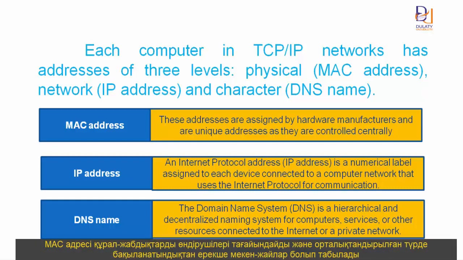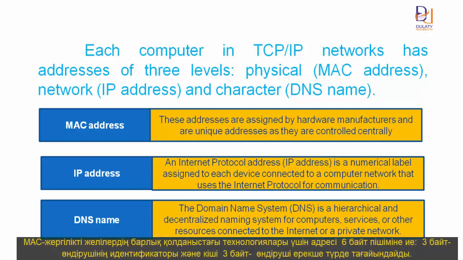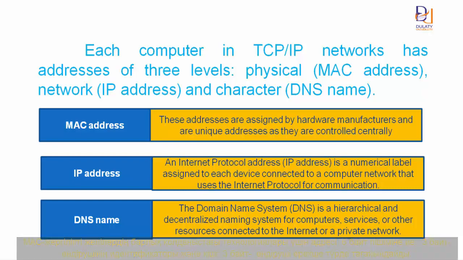MAC addresses are assigned by hardware manufacturers and are unique addresses as they are controlled centrally. For all existing technologies of MAC local area networks, the address has a format of 6 bytes: the high 3 bytes are the identifier of the vendor, and the low 3 bytes are assigned in a unique way by the vendor.